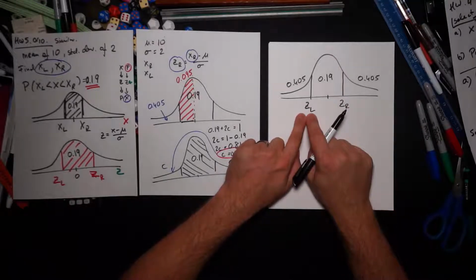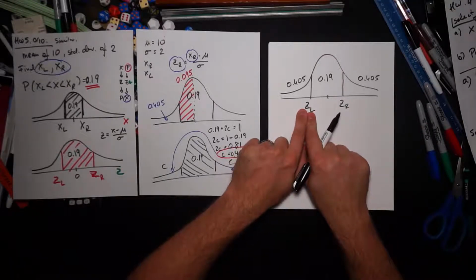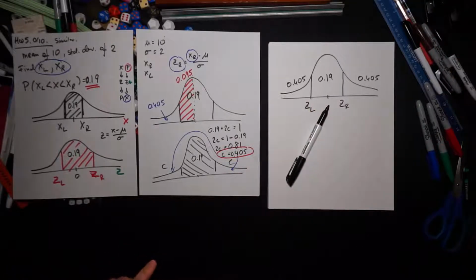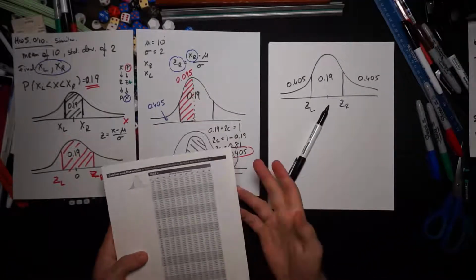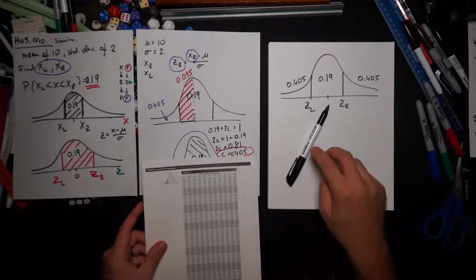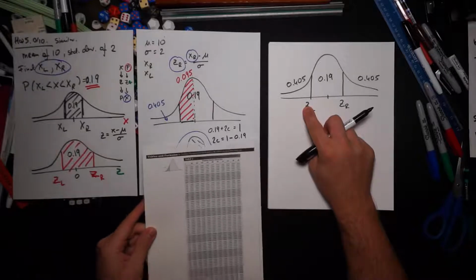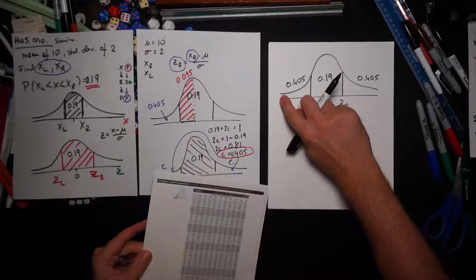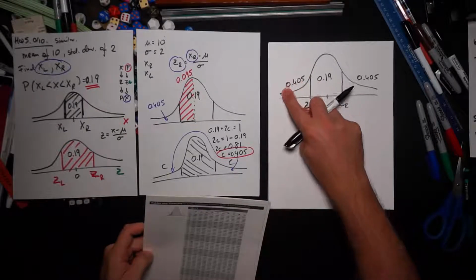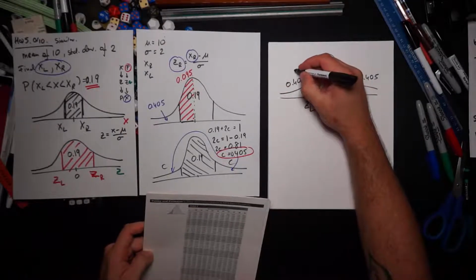How do you find this? Well, the z-score is in our cumulative probability table, or the one I posted in the table packet. This z-score corresponds to the area to the left of the z-score. So what we're looking for is a z-score corresponding to this probability.